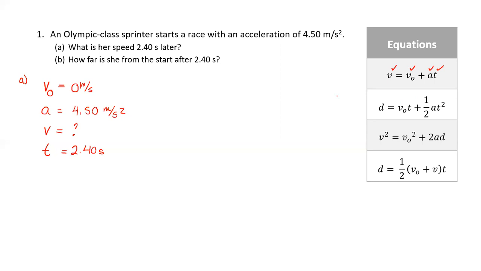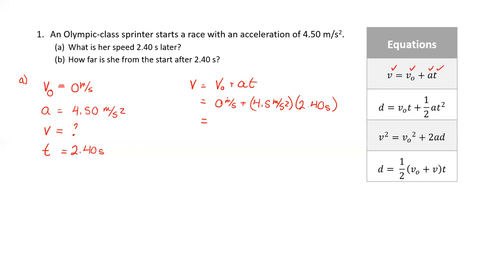The rest of them all use D in it. So velocity is equal to V0 plus AT. This is a nice, easy question to start with. 0 meters per second plus 4.5 meters per second squared times 2.40 seconds leaves us with a velocity.